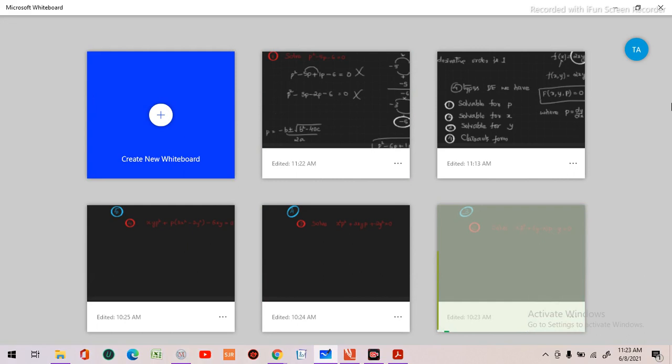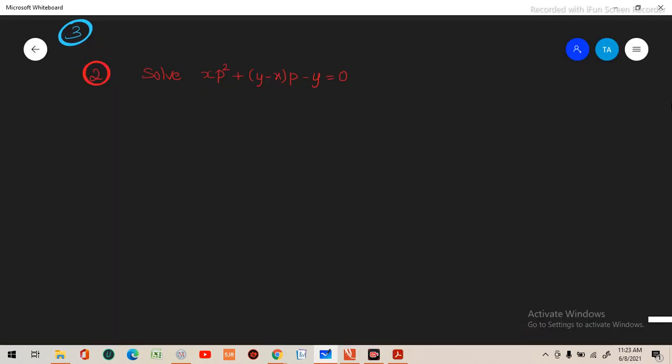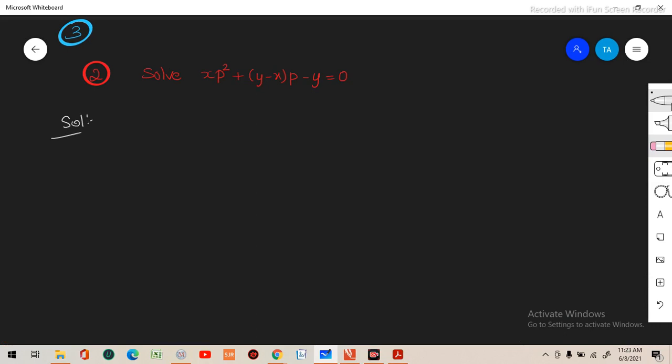Till now, in the first question we had only constant coefficients, right? So in the second problem we have coefficients as x, y minus x and minus y. So how to solve now? a is equal to x, b is equal to y minus x, c is equal to minus y.